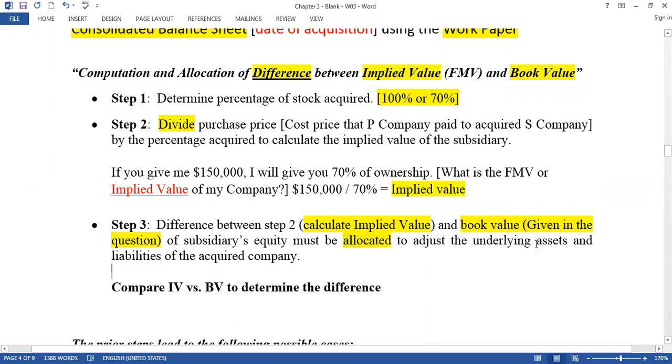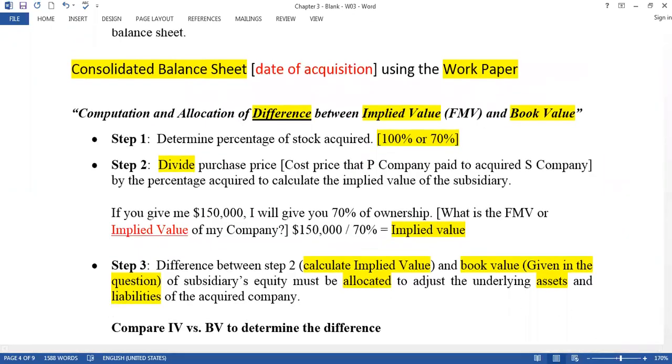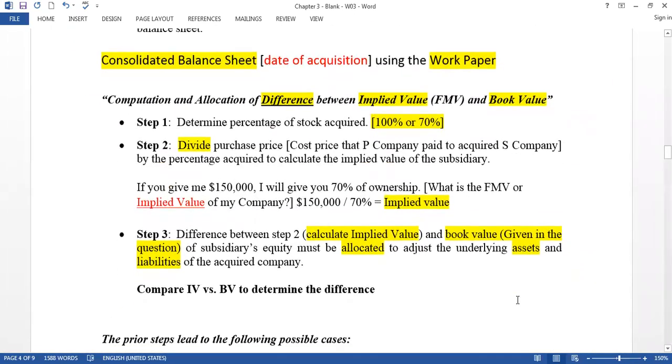Either to assets or liabilities of the subsidiary company, based on the question. The question will tell you where you are going to adjust this difference. We can allocate this difference to any asset of the subsidiary company, or to any liabilities of the subsidiary company. Do you have any question from here? How to calculate the implied value?